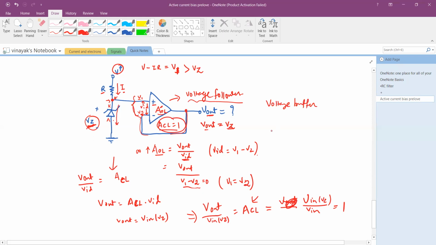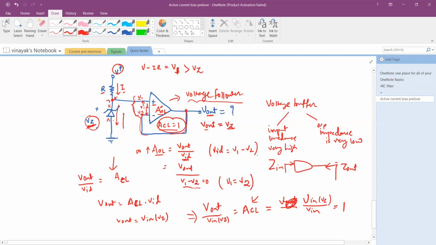The characteristics of this, let's say this is your buffer: the input impedance Z in is very high and the output impedance Z out is very low. That's the characteristic.